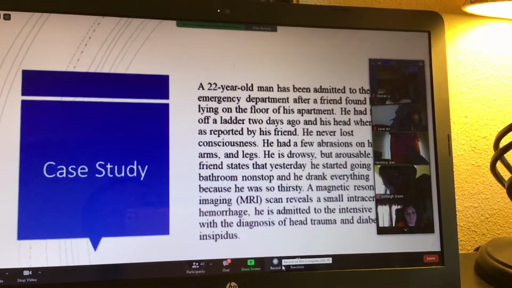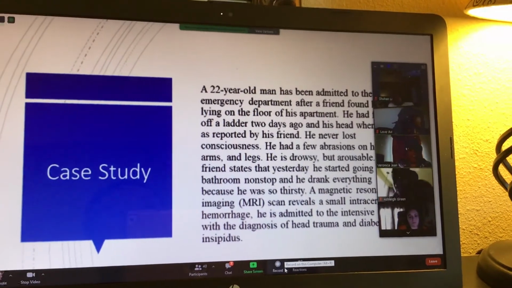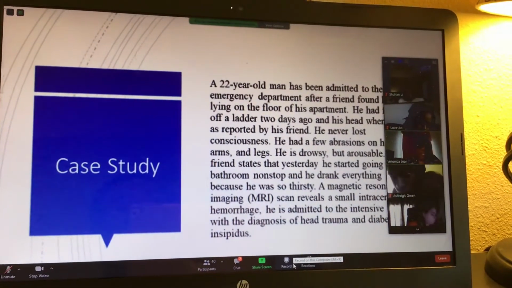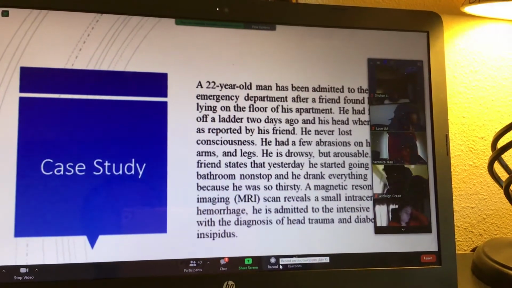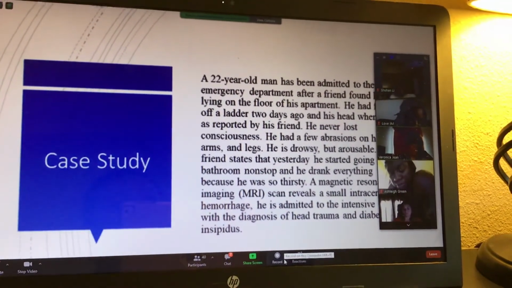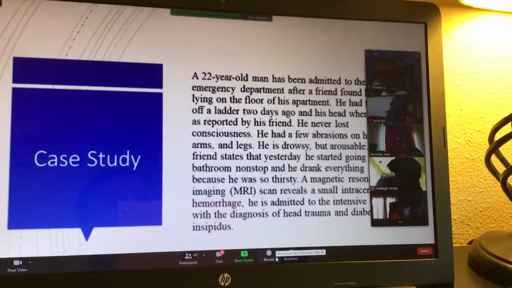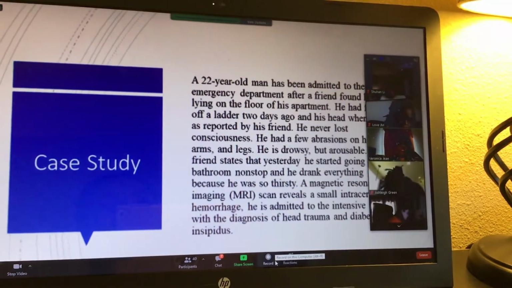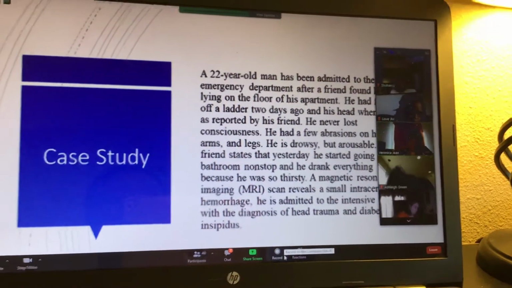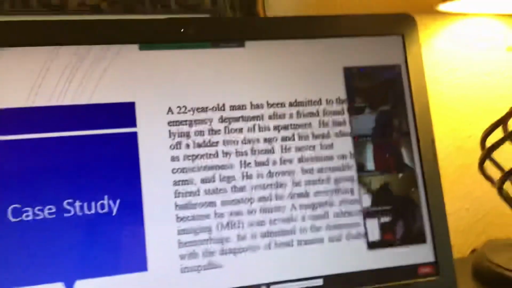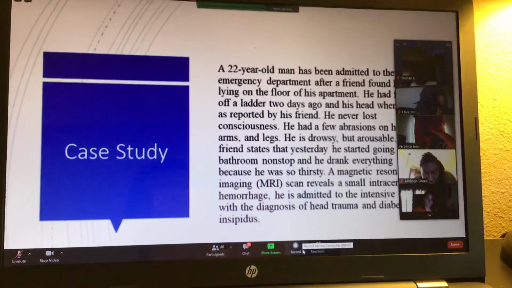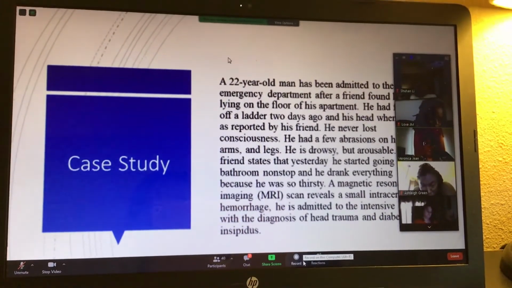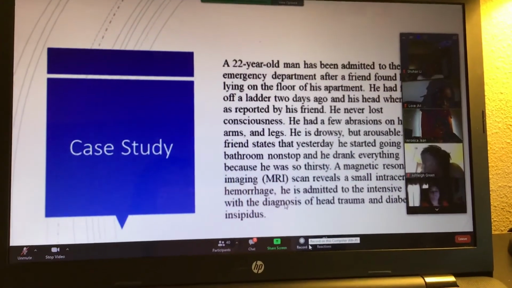Now, if you got a chance to review the lecture, you will see they put out copious amounts of urine and they're drinking nonstop. So he's always thirsty. So you see what he has. He has a small intracerebral hemorrhage, and he was admitted to the intensive care unit.